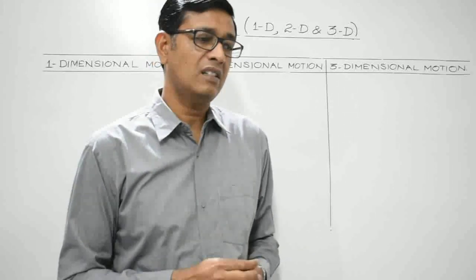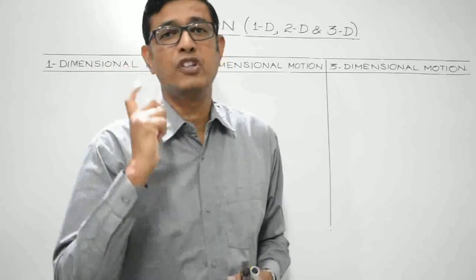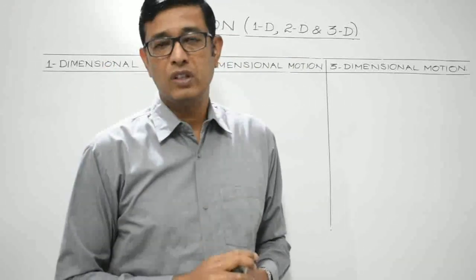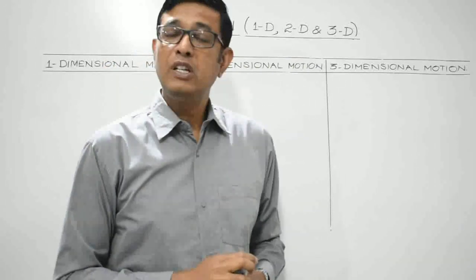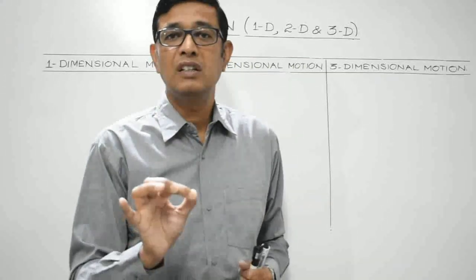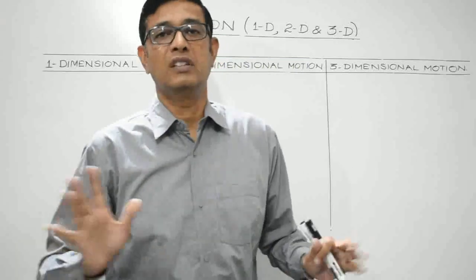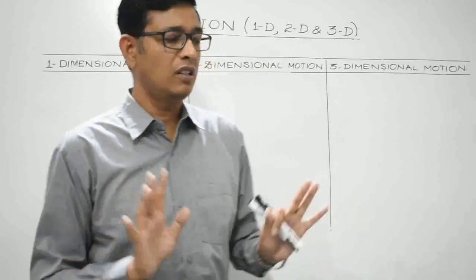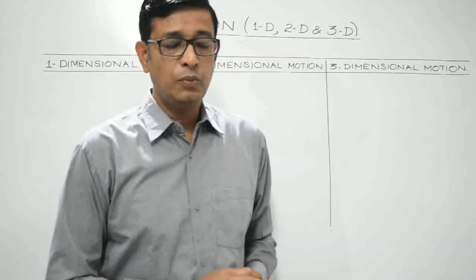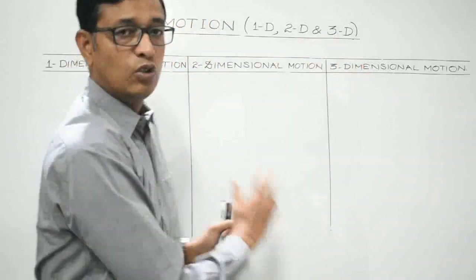What I mean to say is that everything depends on the observation point, upon the reference which we are taking into account. No body in this universe is at absolute rest. Suppose this whiteboard is lying over here.